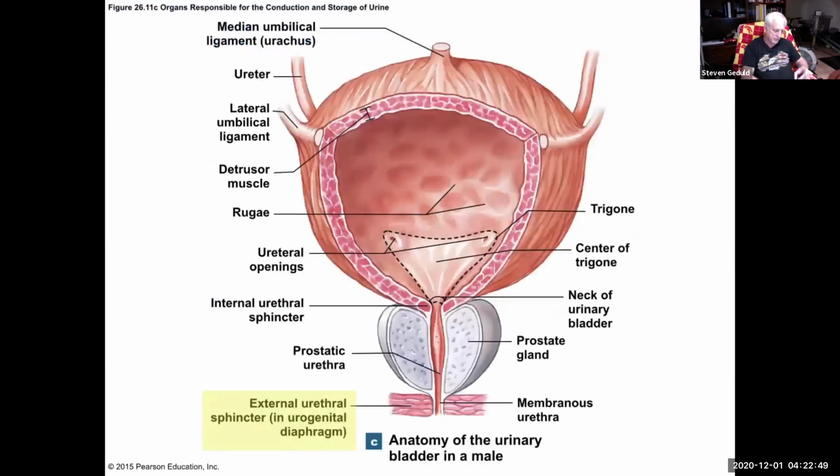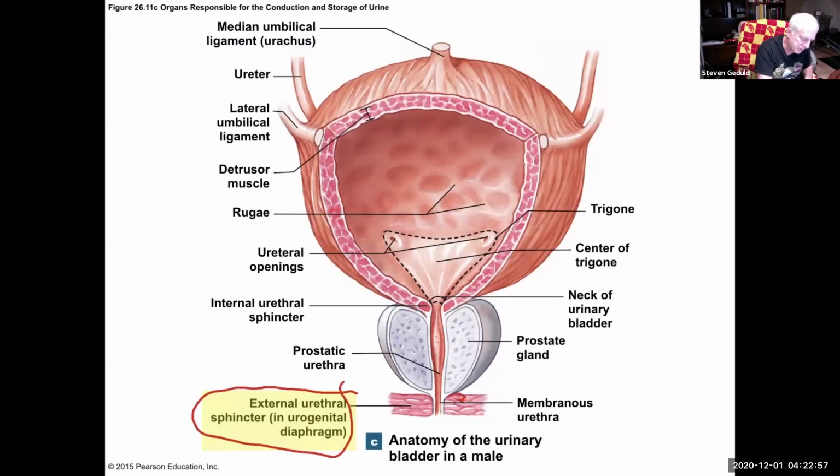So this is the external urethral sphincter, located just at the membranous urethra. That's your external urethral sphincter.